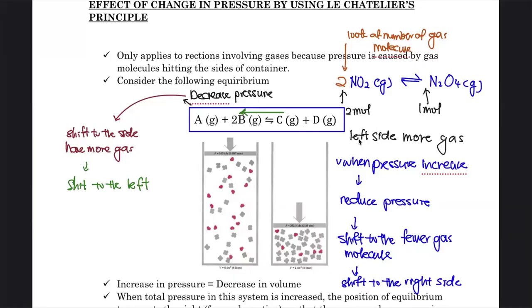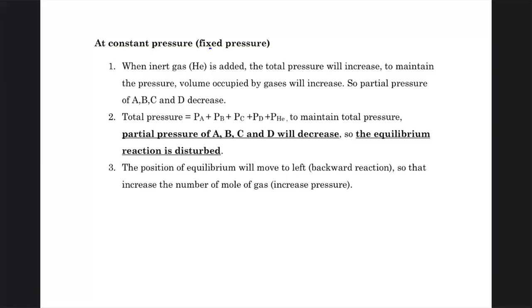This is at a fixed pressure. So what is meant by at constant pressure? At constant pressure and also addition of inert gas. Add inert gases and you maintain the pressure. So suppose you increase the pressure, but now you maintain the pressure.